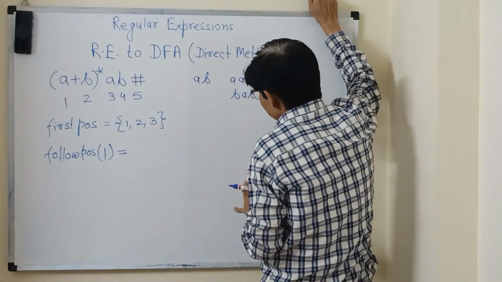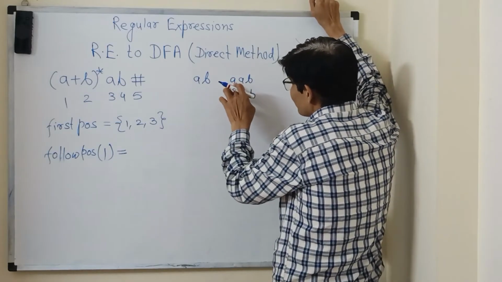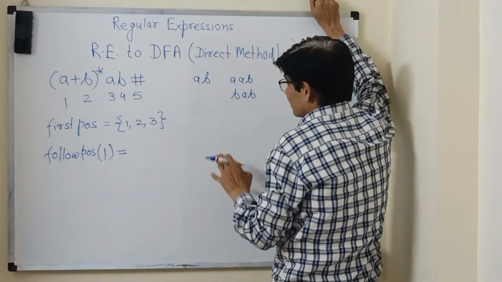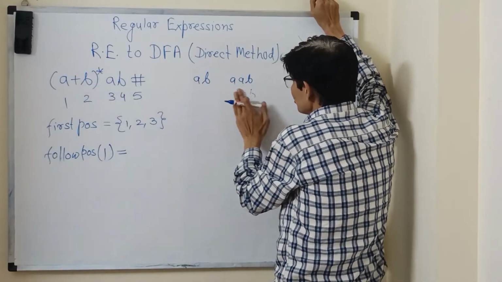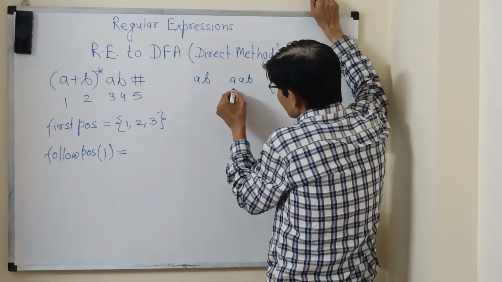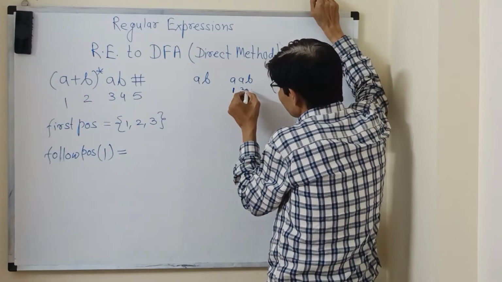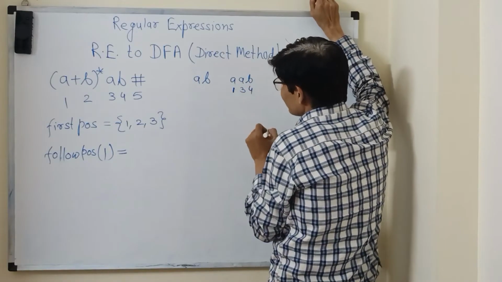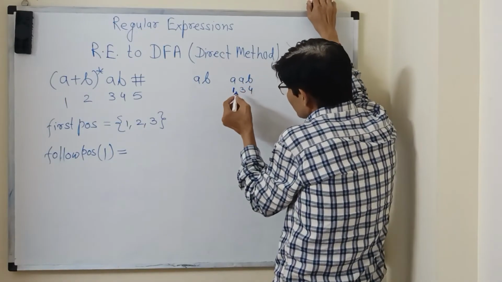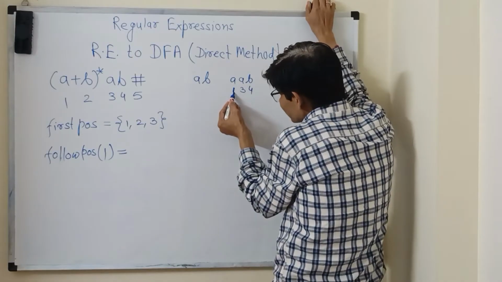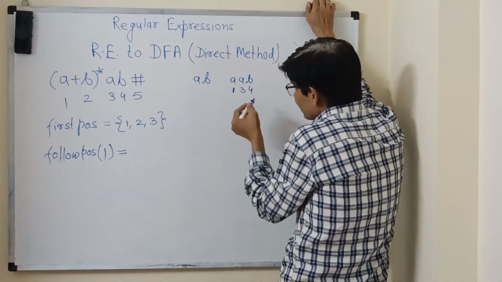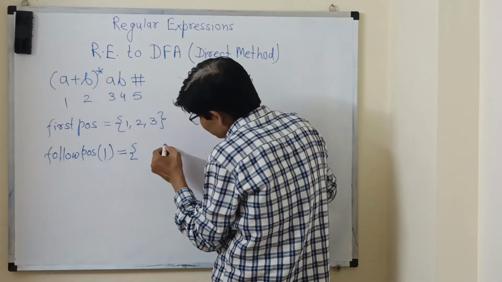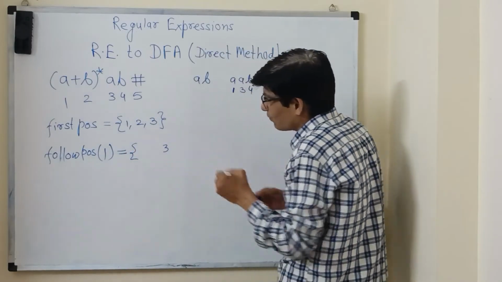So in this case, you can see if we have only A from this Kleene closure, this would be 1, this would be 3 compulsory A, and this would be 4 compulsory B. Now in this case, which symbol is following A? It is 3. So we can include 3 in follow of 1.